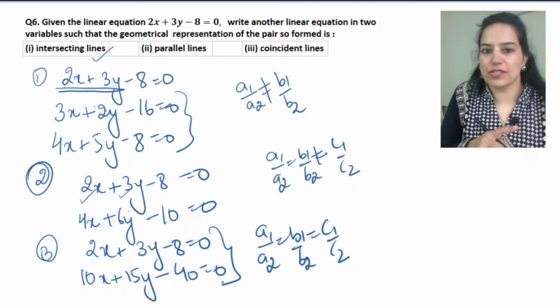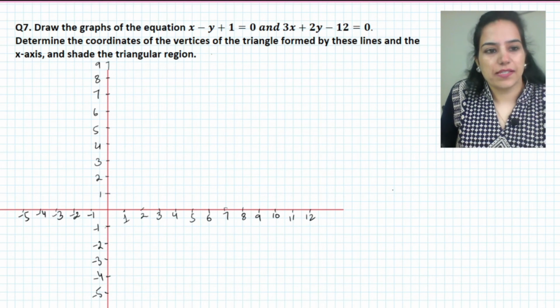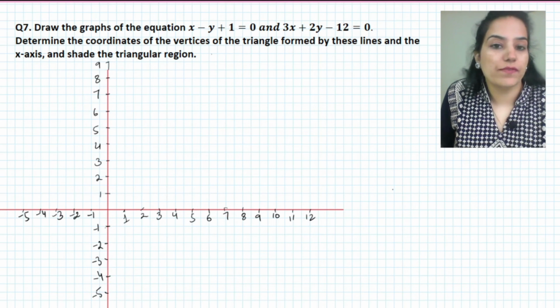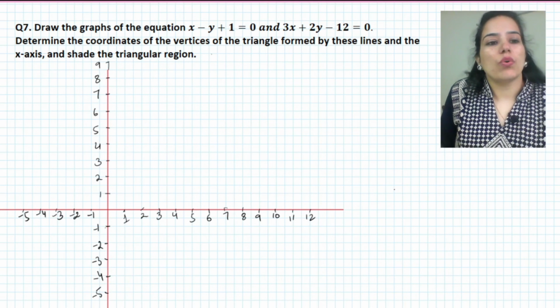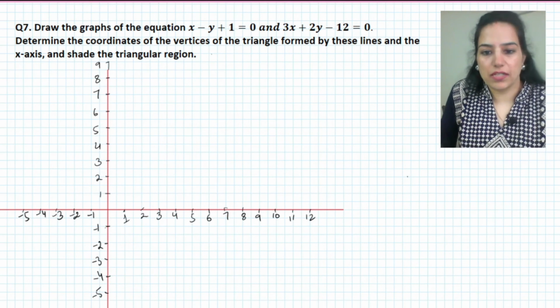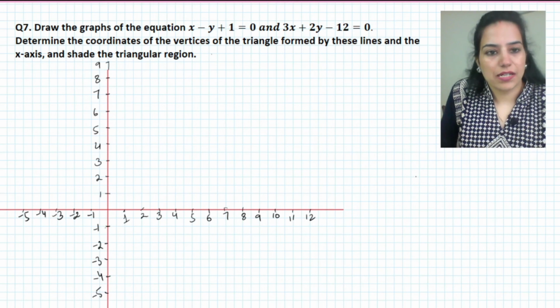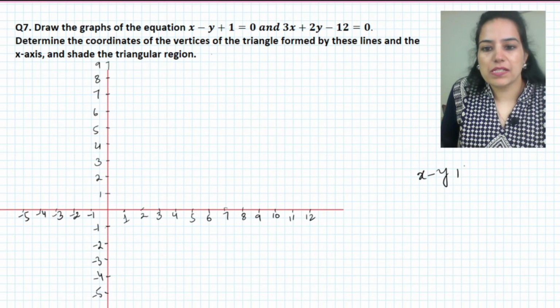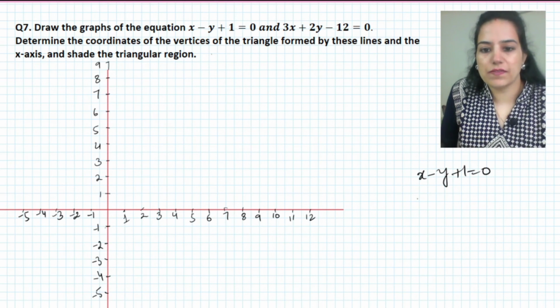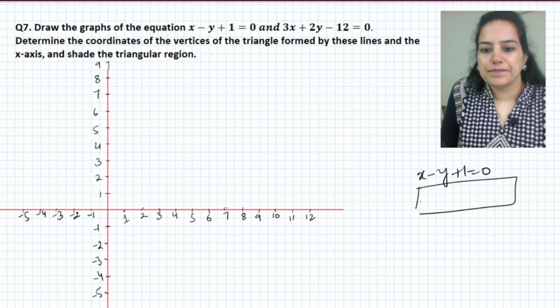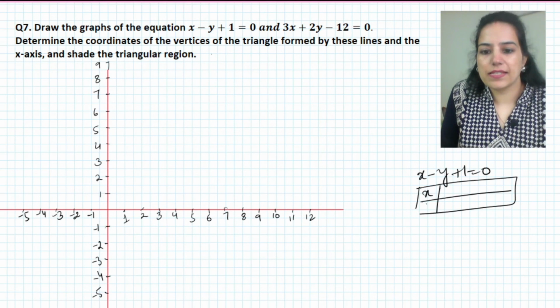So moving on to the last question now. The last question of the exercise, we have to draw the graphs of these two equations and also determine the coordinates of the triangle so formed. So let's start. First, x minus y plus 1 is equal to 0. Let's find 2 points. So x and y.